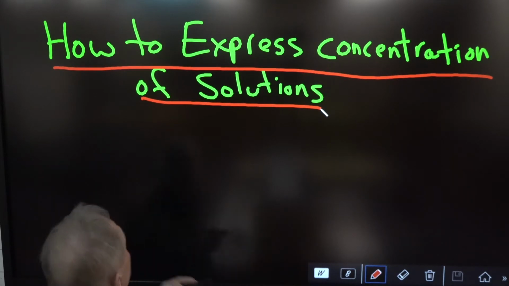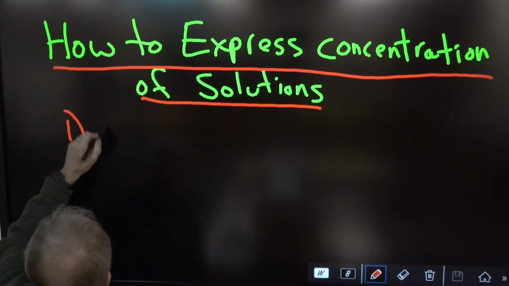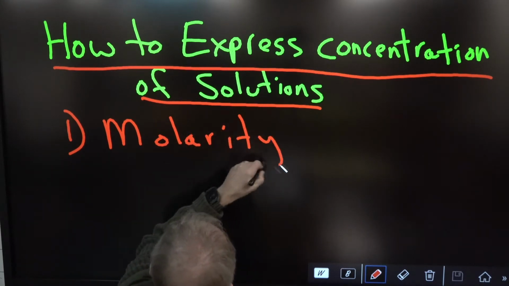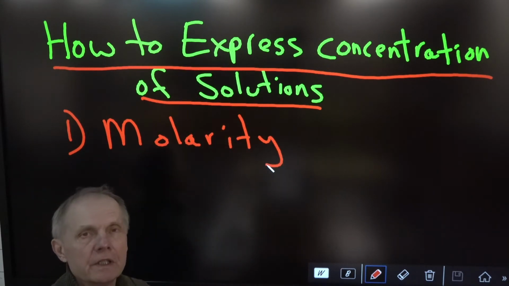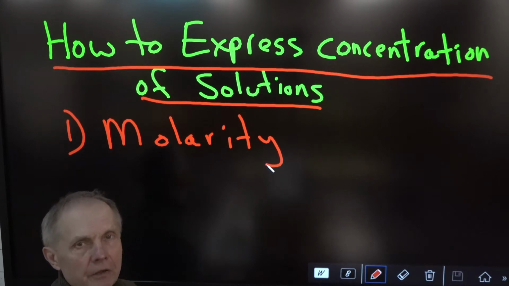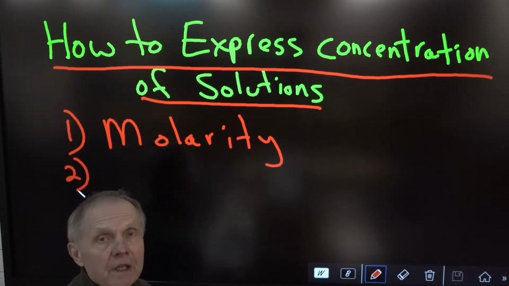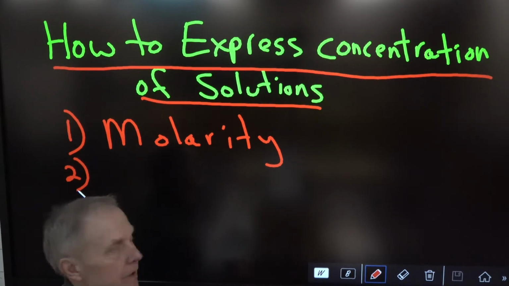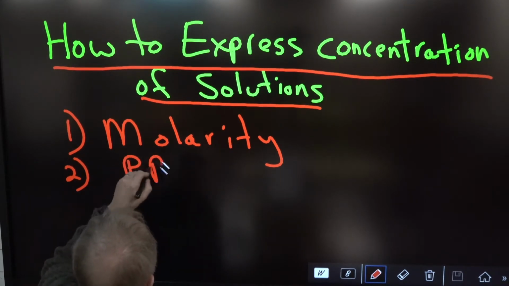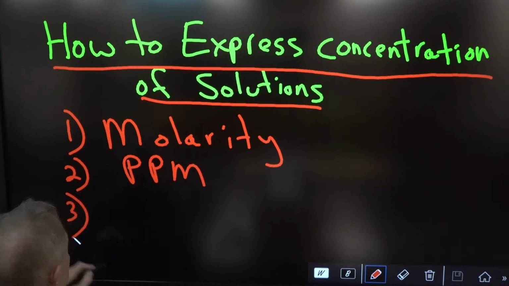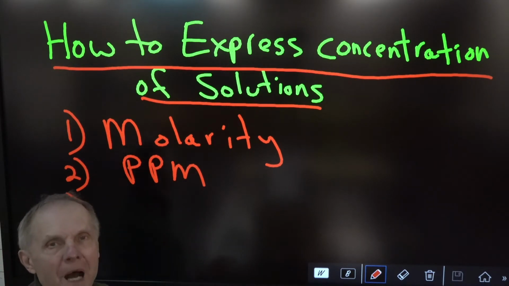The first one is molarity, and we'll talk about that a little bit later on. The second one is really interesting, and that's called parts per million, or ppm. The third one is percent by mass.